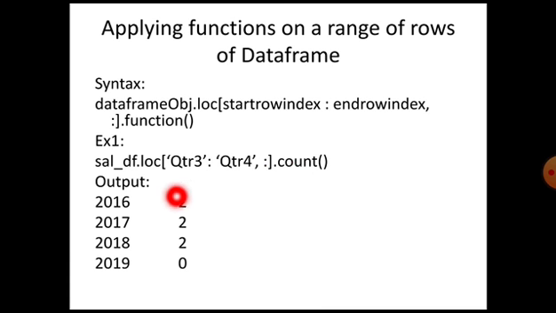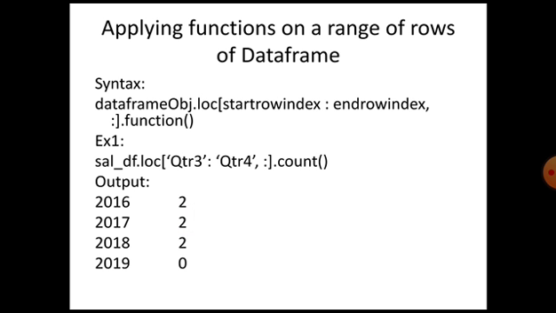I want to count. So what is the result here? For 2016, 17, 18 we have common values in qtr3 and qtr4. It is giving the count as 2, 2 and 2 and 0. So 2, 2, 2 and 0 is because we are referring only to the rows qtr3 and qtr4, meaning 2 rows.